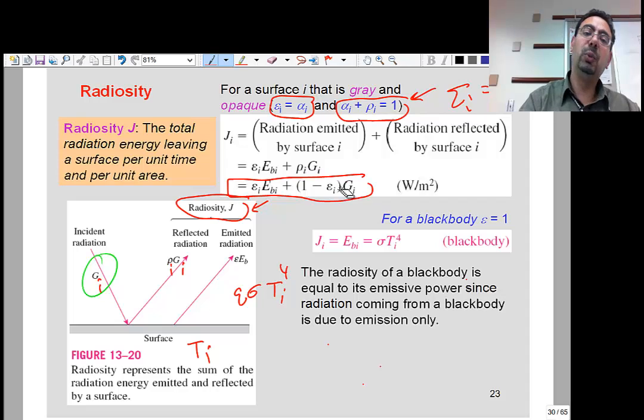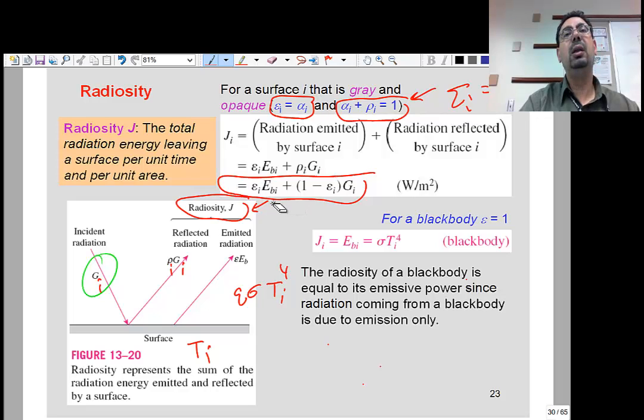All right. So this is the J. This formula is very hard to memorize, but it will get much easier than this. Basically, this is the J I. You can see here that if epsilon I is 1, when would that happen? Epsilon I is 1 when it's a black body. Then this would be 1 minus 1. Nothing will get reflected.